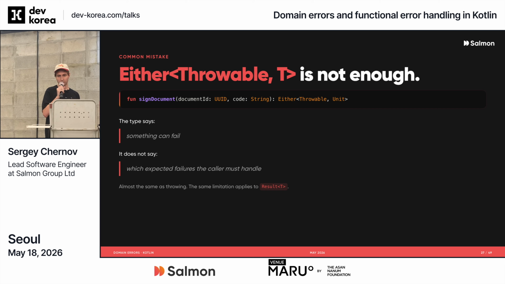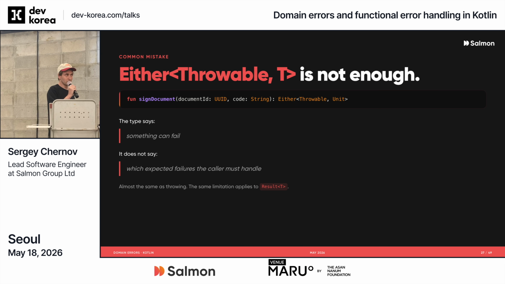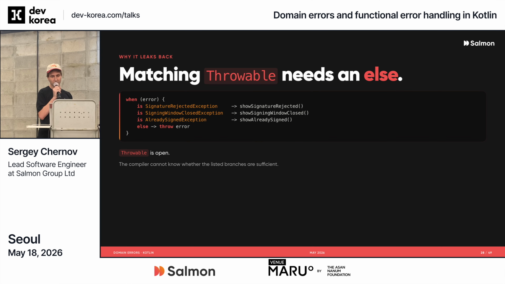So when you call this method, the compiler doesn't know how to handle the business failures. The compiler doesn't know anything about business failures, and when you design your methods with Either Throwable, it is basically the same as working with throwing runtime exceptions. You just don't do the throw, but all the problems of the approach are still there.